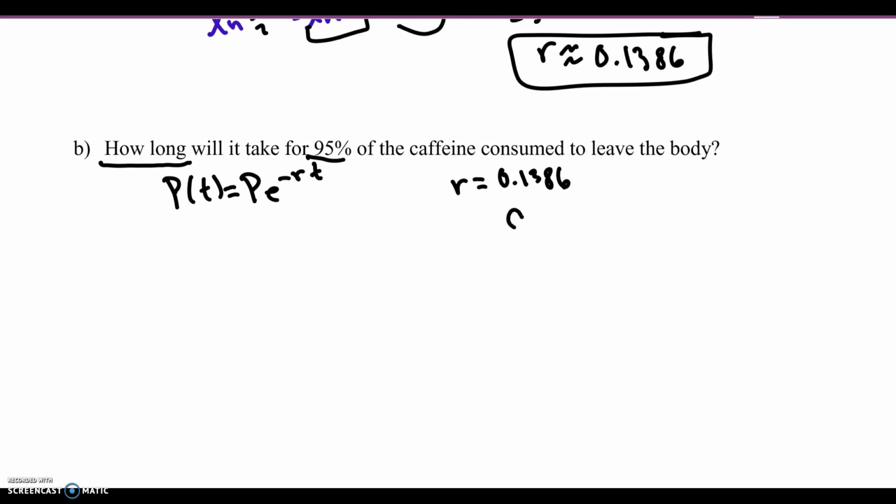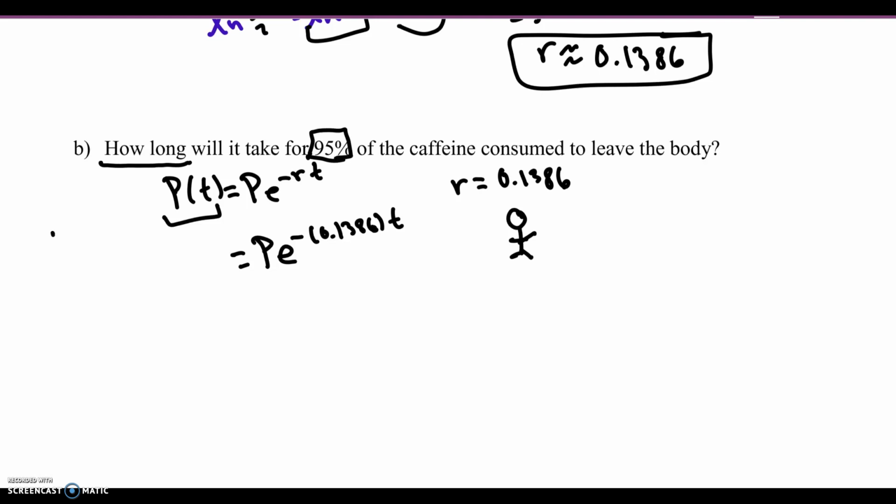What am I going to do here? This is going to be P e to the negative 0.1386 times t, and the time is what we're looking for. Now, how can I use this 95% with this P of t?